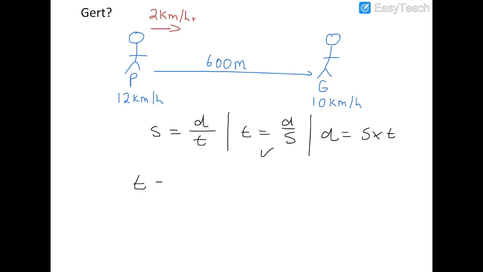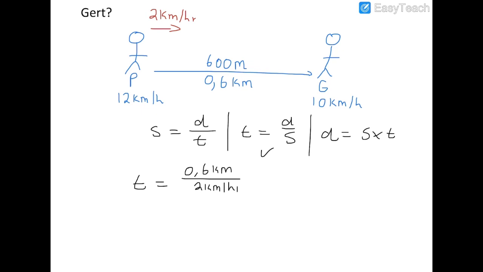So our time will be equal to the distance. Remember, the distance should be in kilometers because our speed is given in kilometers an hour. So in kilometers, this is just 0.6 kilometers. If we convert meters to kilometers, we just divide by 1,000. So the time will be equal to the distance, 0.6 kilometers, divided by the speed, 2 kilometers an hour.